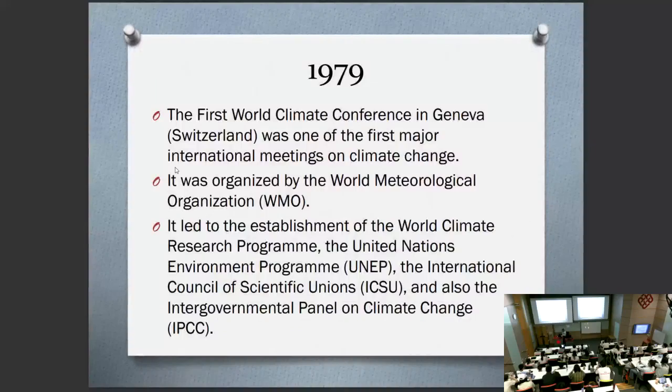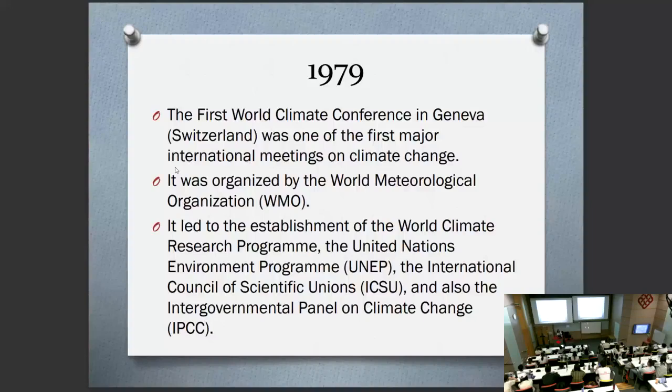So actually, the idea that we are experiencing global warming was first raised by a Swedish scientist back in the year 1896. So more than 100 years ago, we already had a scientist raising that human activities and the burning of fossil fuel may result in global warming.